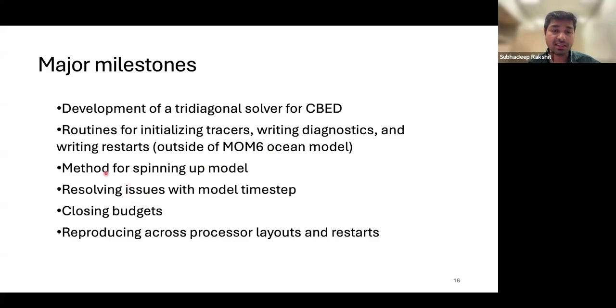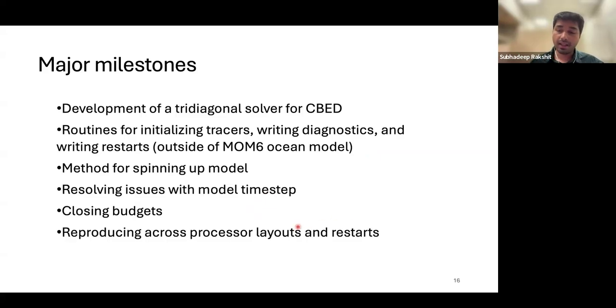And then the methods for spinning up and resolving issues with the model time step, because sometimes you need much smaller time steps for the sediment processes compared to the much larger time steps when you are running the ocean model.